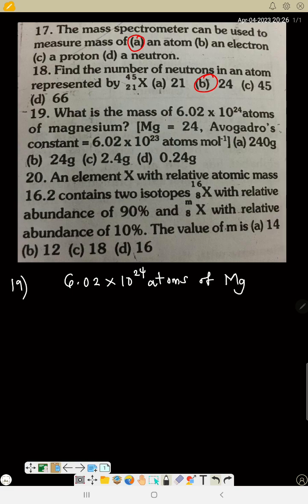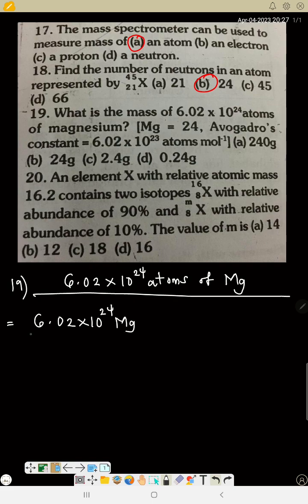So what is the mass means we want to find the mass of this number of atoms of magnesium. We want to know it in gram. So remember, I told you that always start with what you have. So now we want to go from 6.02 times 10 raised to the power 24 atoms of magnesium to grams of magnesium.